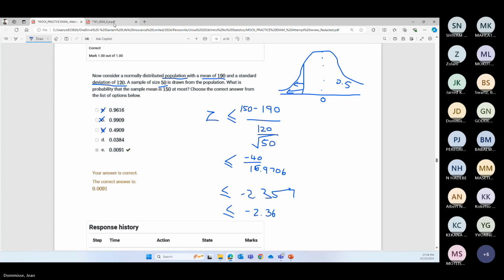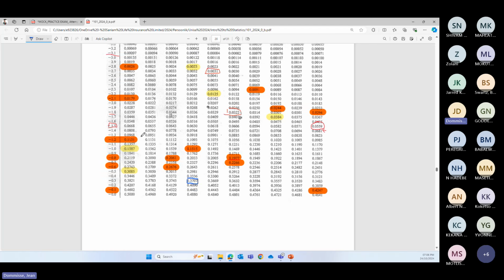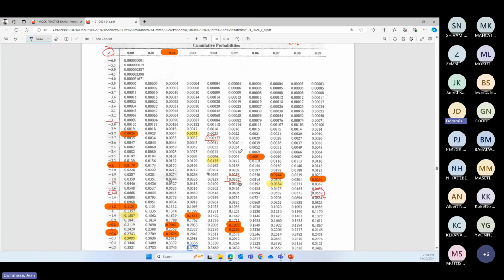So minus 2.36. Where did we have it in a previous one? I can't remember this one at all.